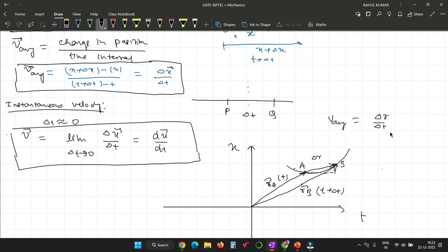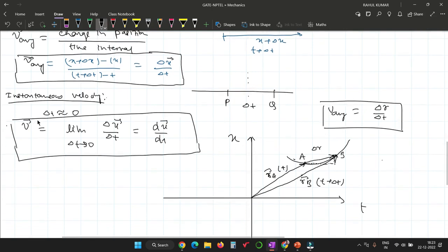So if you divide delta r by delta t, it is the displacement between A and B divided by delta t. So it is called average velocity.